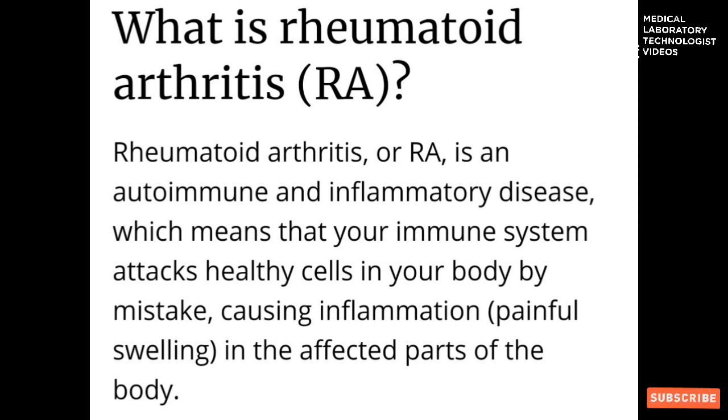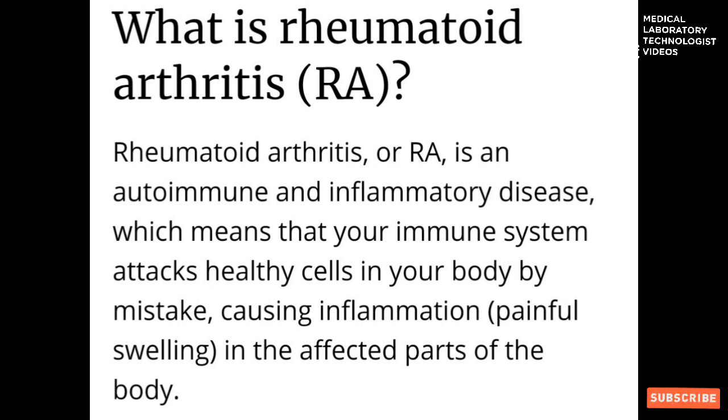So the immune system basically performs as a defense mechanism. But in autoimmune disease, our immune system mistakenly takes our normal healthy cells as foreign cells and attacks those healthy cells in any part of the body. So rheumatoid arthritis is first of all an autoimmune disease.